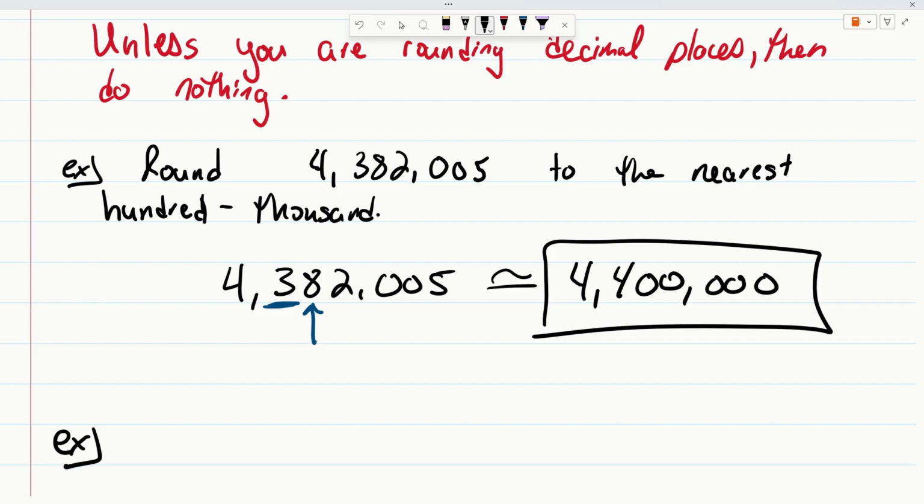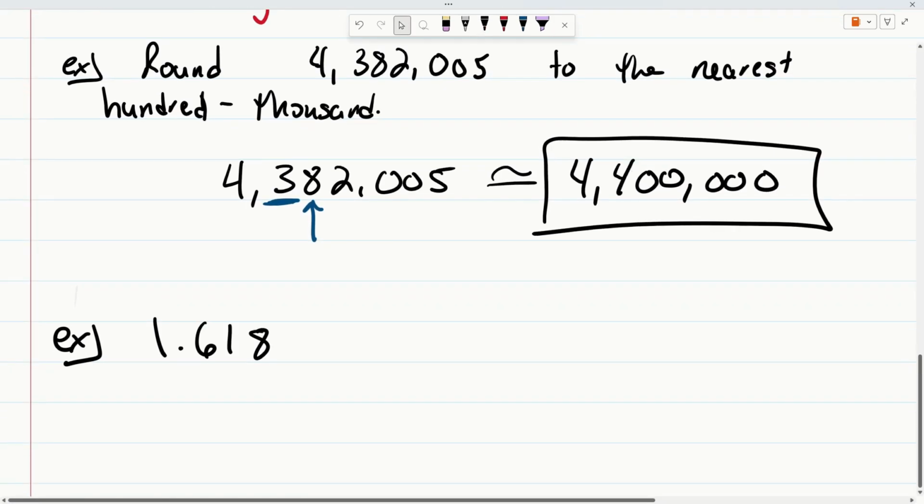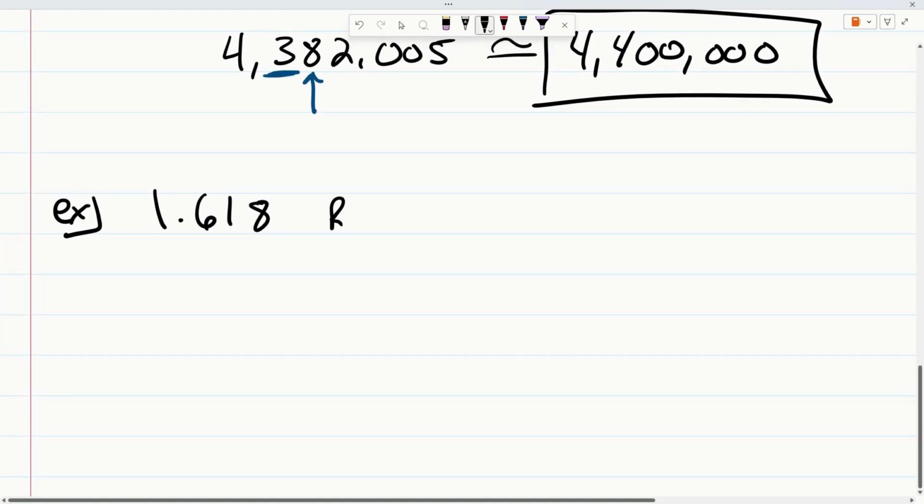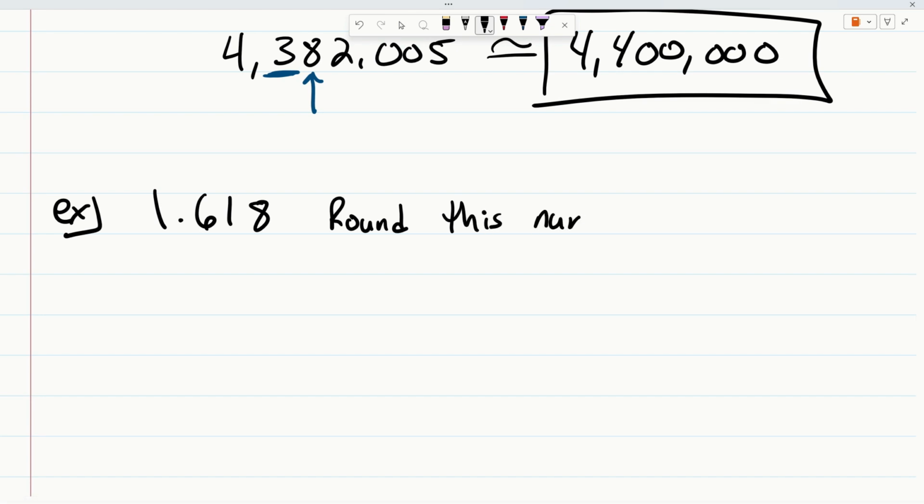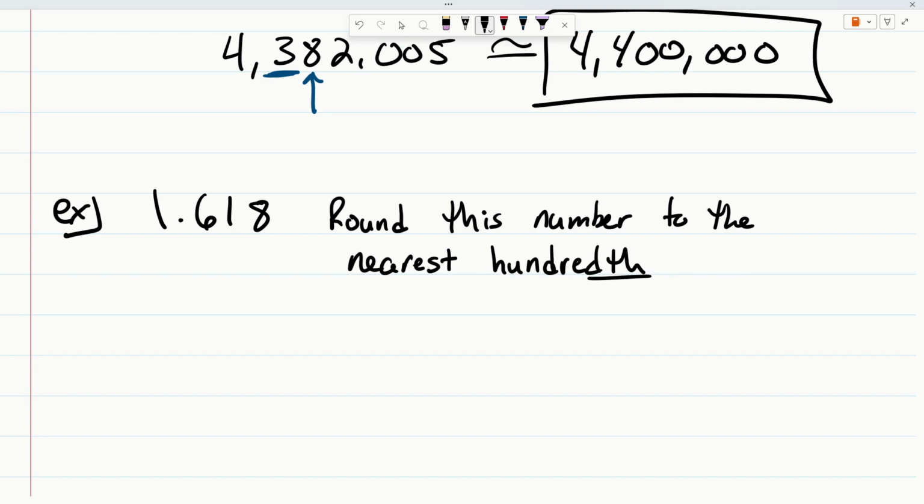The second example, I'm going to use the golden ratio. Maybe you've never heard of that number before, but it's a very famous number. And we'll round this number to the nearest hundredth. Notice the TH on the end. Process, still going to be the same. 1.618.